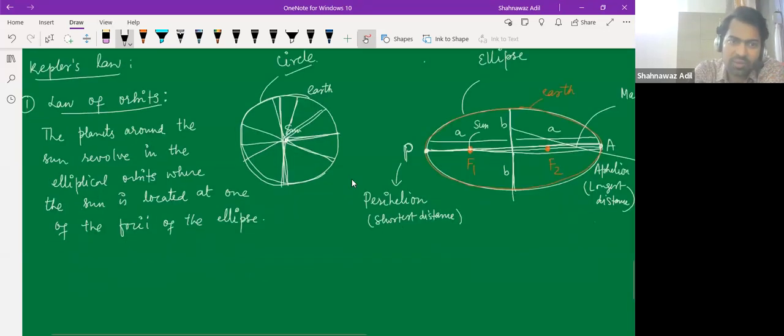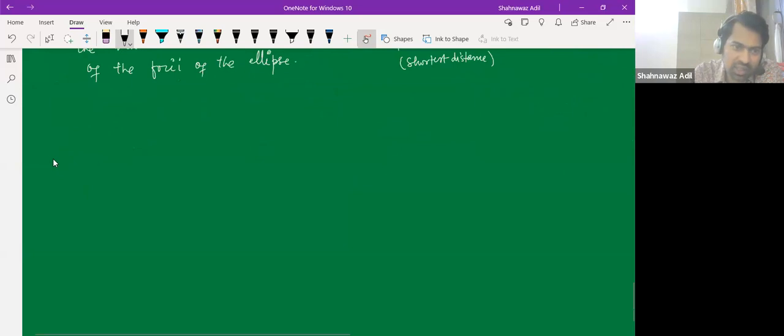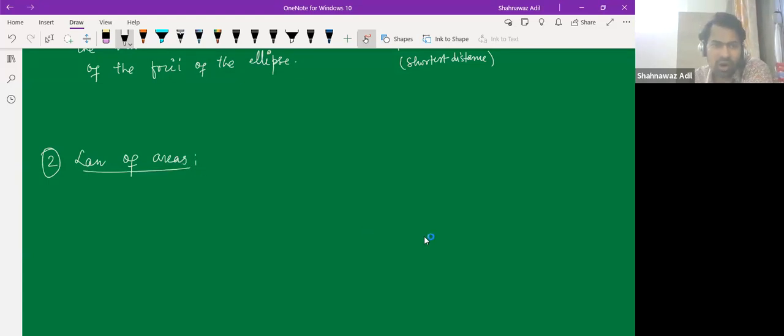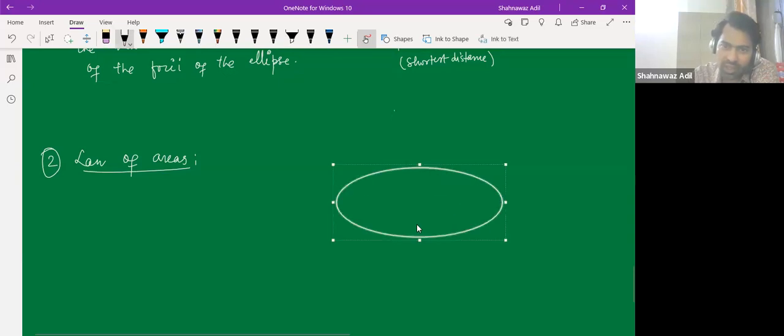So this is the law of orbits, and the second one is the law of areas. The law of areas says that, let's say you have this elliptical orbit, and this is the sun at one of the foci, and this is, let's say, Earth.